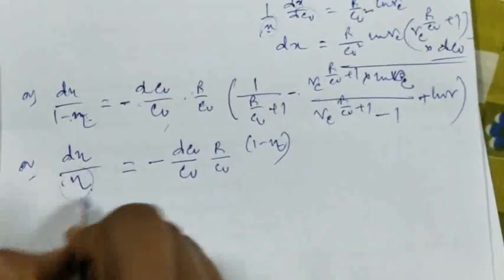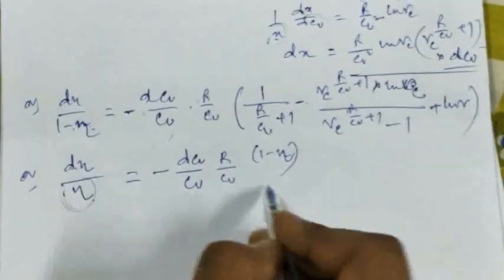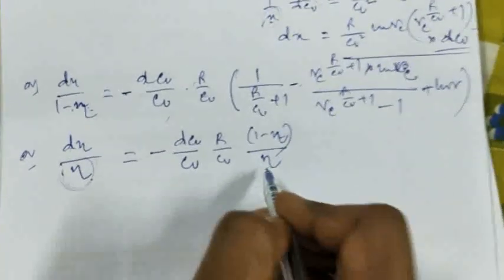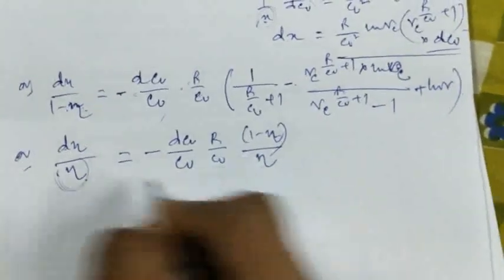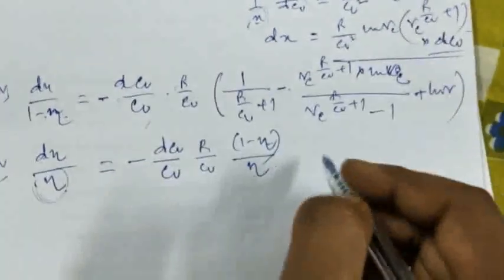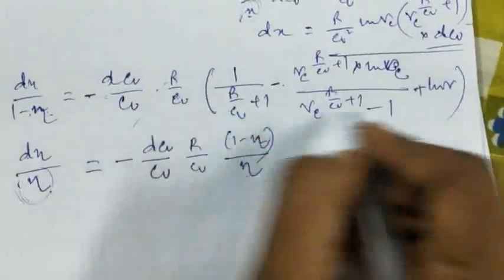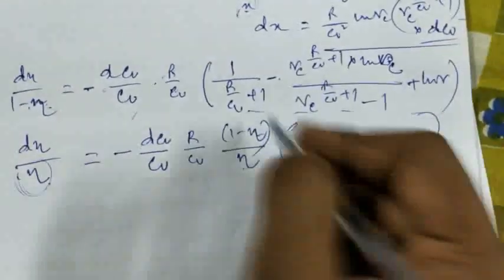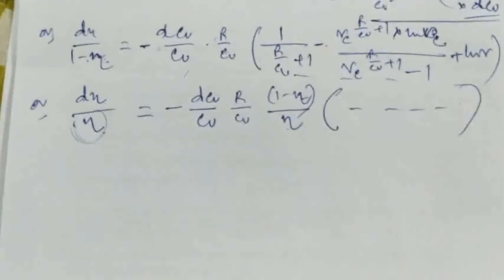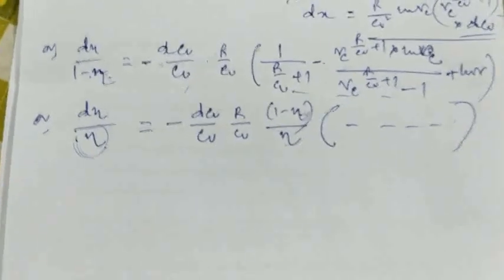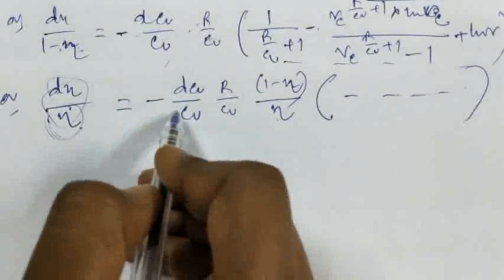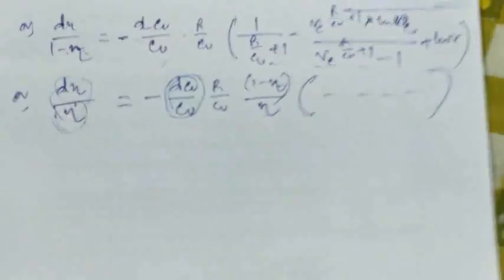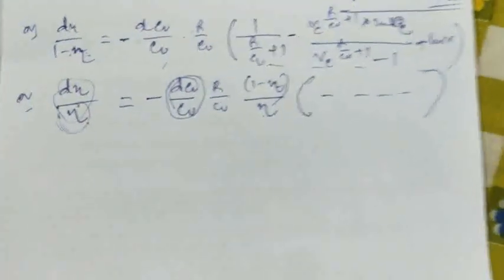We have put an efficiency over here, that's why we need to put another thing, but both things will cancel out and the equation will remain the same, and this whole thing will remain whatever is within the bracket. Now we can calculate the change in efficiency in terms of change in specific heat at constant volume.